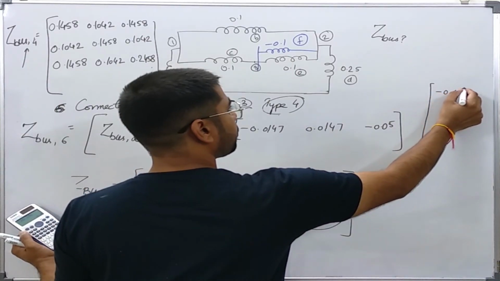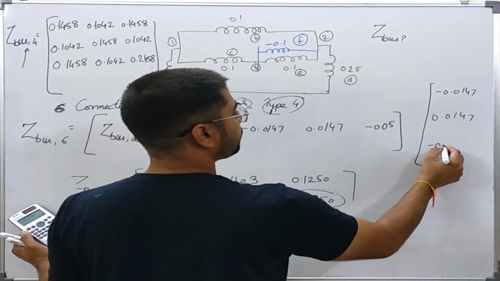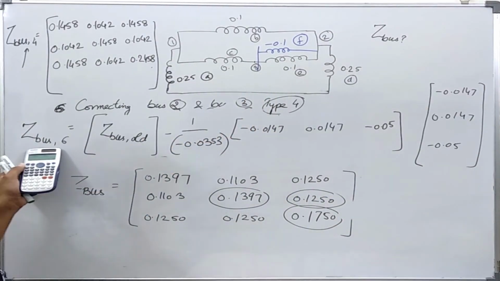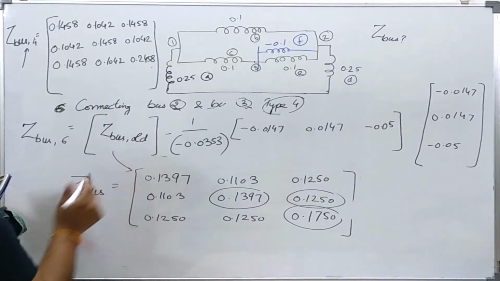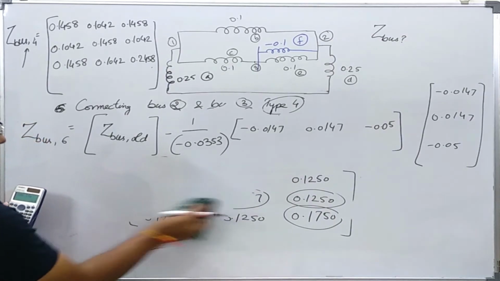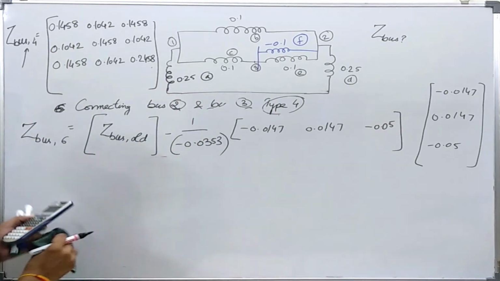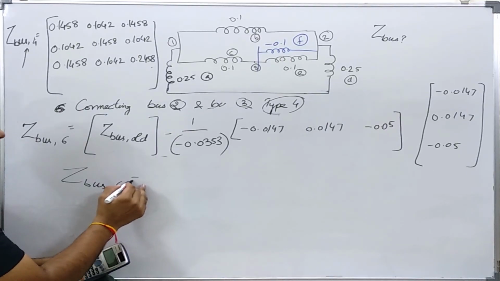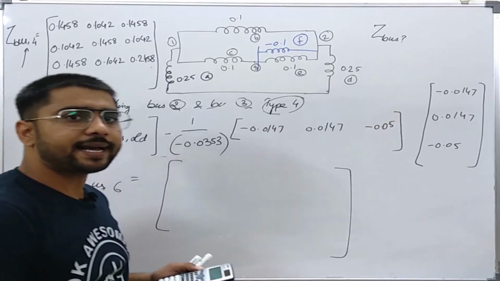Now I can get the bus impedance matrix using this equation where Zbus old is this bus impedance matrix. I will solve this equation directly using my calculator and write all the values of Zbus 6 in the next slide.